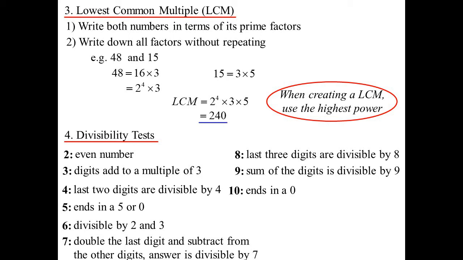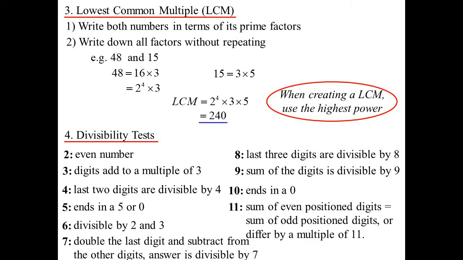11. What are you saying? You are right. It has something to do with every second number. The sum of the even position digits equals the sum of the odd position digits, or they would differ by a multiple of 11. So give me a number that's divisible by 11. Maybe make it a little bit longer than just 2 or 3 digits.